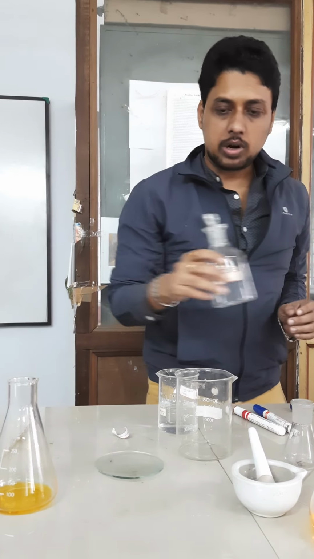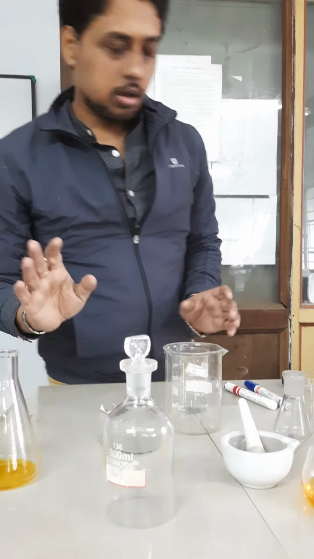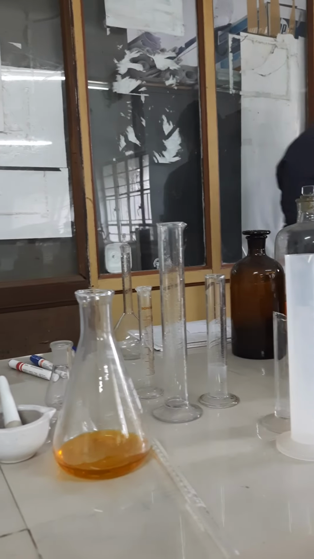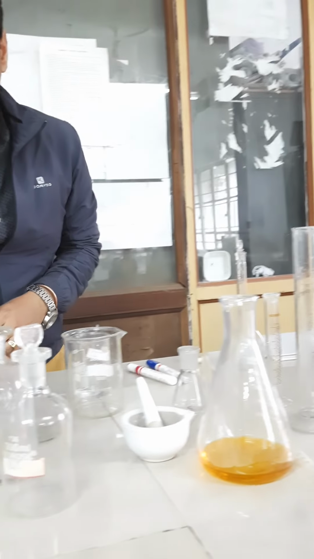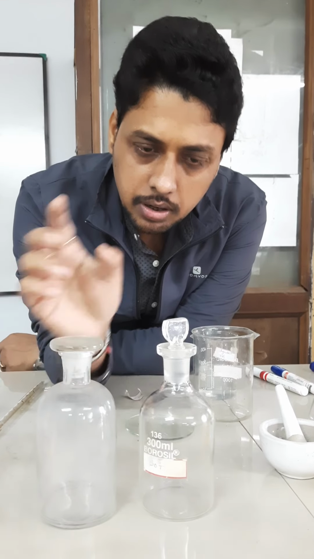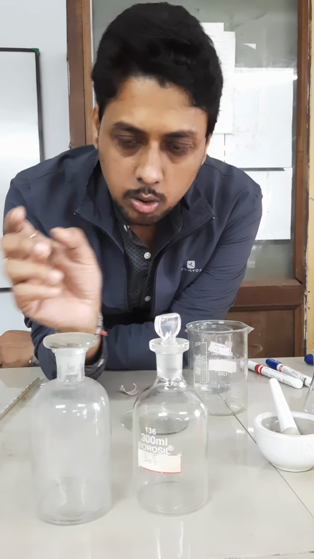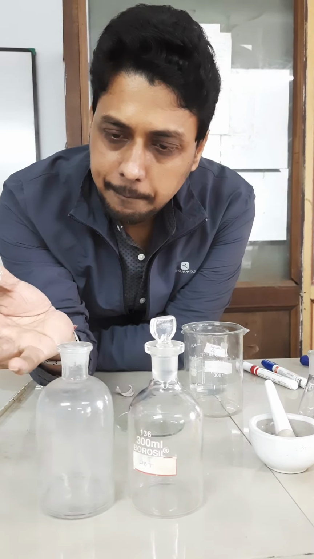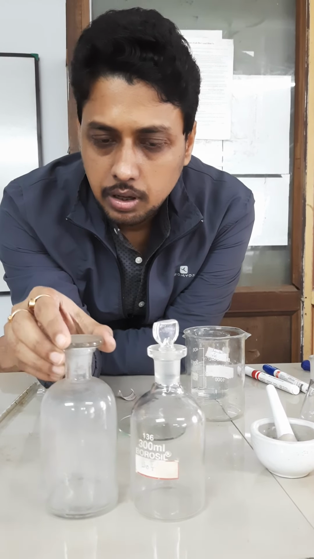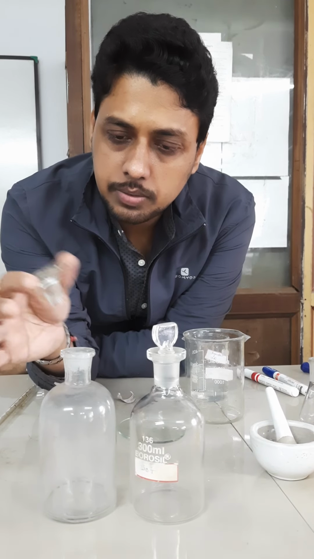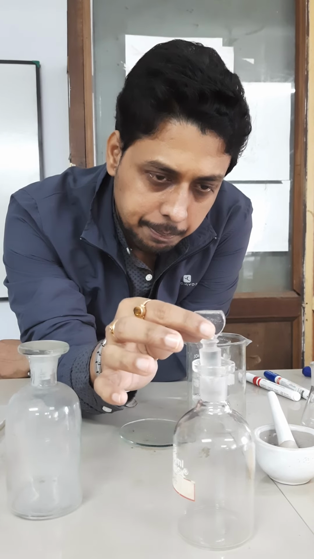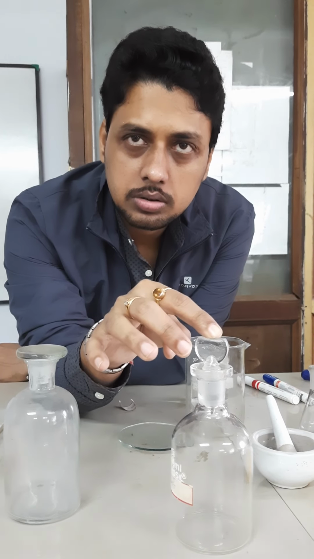Now look at this container. This is a reagent bottle, and this is also a reagent bottle, but look at the difference. This is the cap where it is not completely air locked. But for this bottle, if you release the cap, it is air locked.